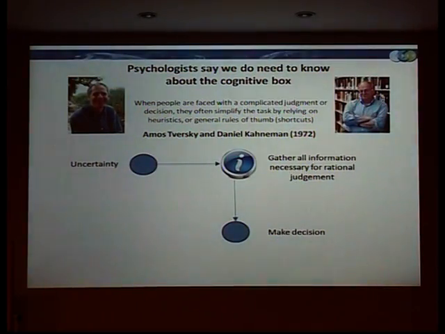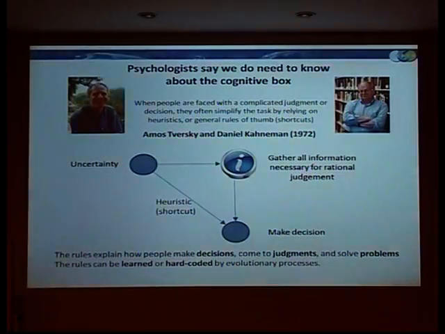These two gentlemen here are the most famous, I guess, for the economists, they're the most famous psychologists. They're basically saying that if people are faced with a complicated task or a judgment, then they don't do that rational path at all. They make decisions on shortcuts, which they call heuristics or rules of thumb, basically.